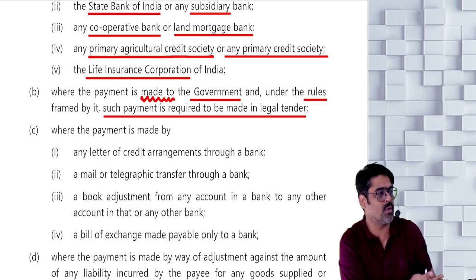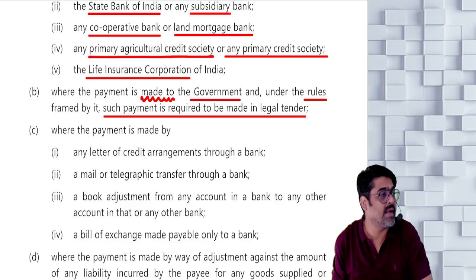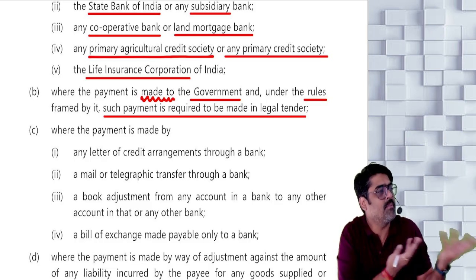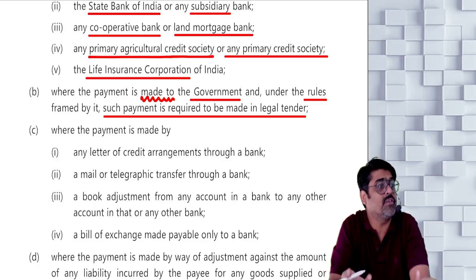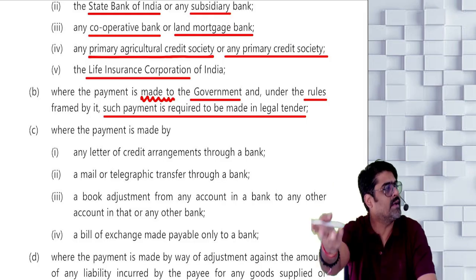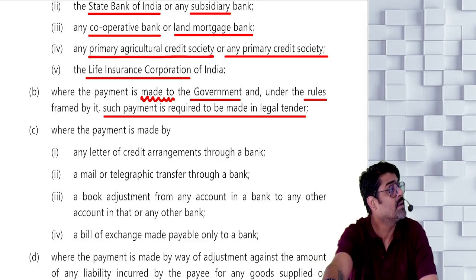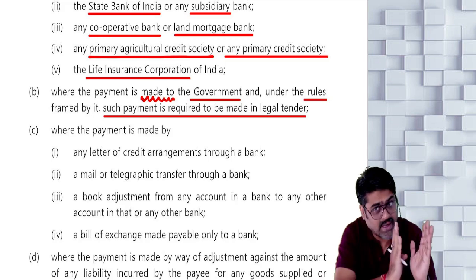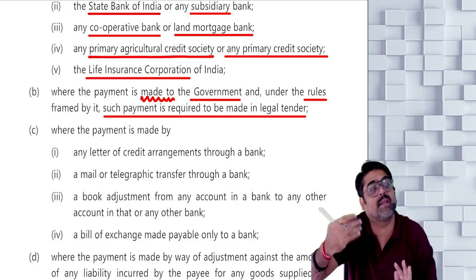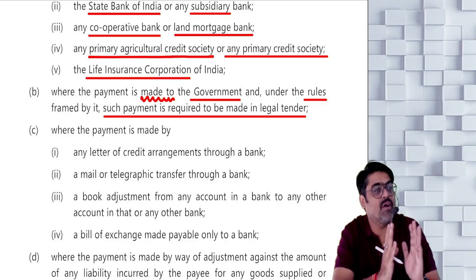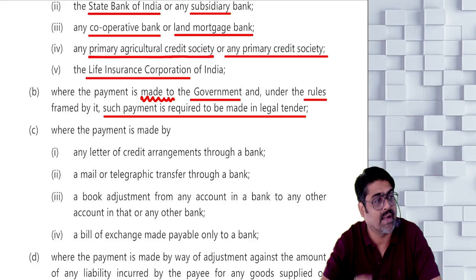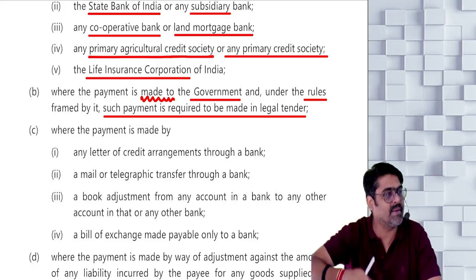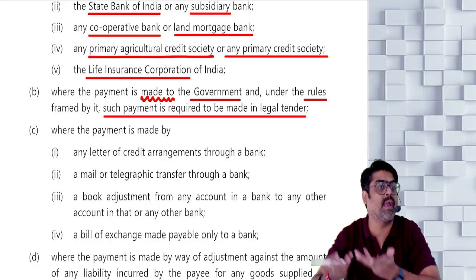So as per the government rules, government is asking me to make the payment in cash. Hence I am making the payment in cash. Hence the payment is not made in prescribed modes. So what is my mistake in that? Government itself is telling me to make the payment in cash. So for any of my business expense, if I have to make the payment to the government, and as per the rules of the government that payment I have to make in legal tender, in cash, hence I am making that payment in cash.